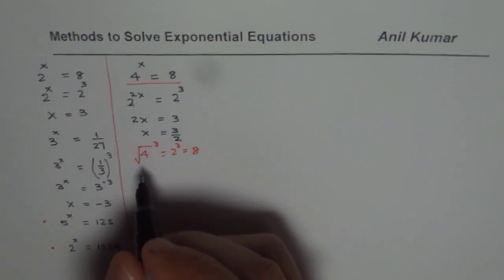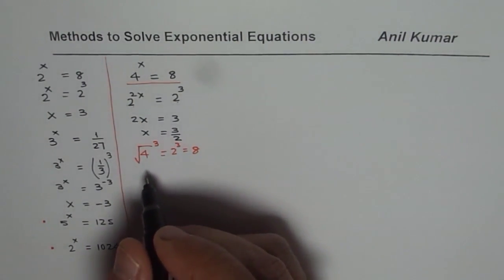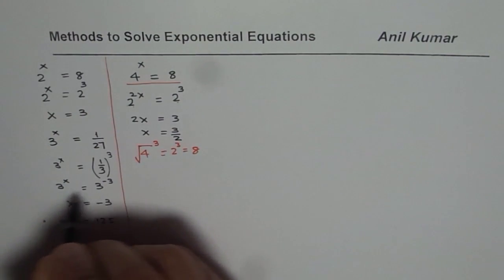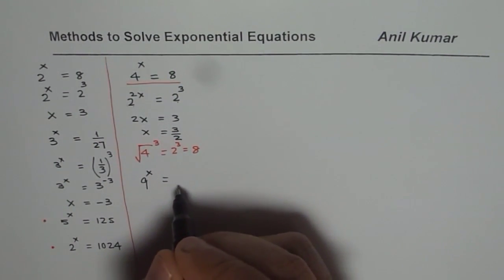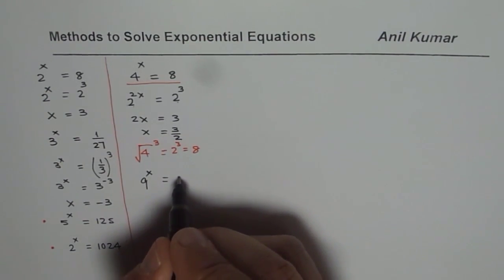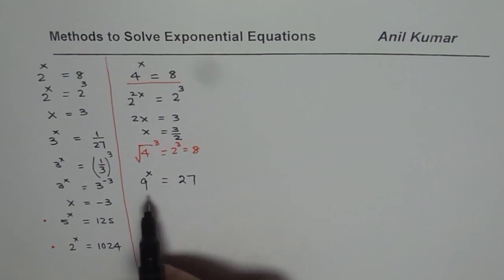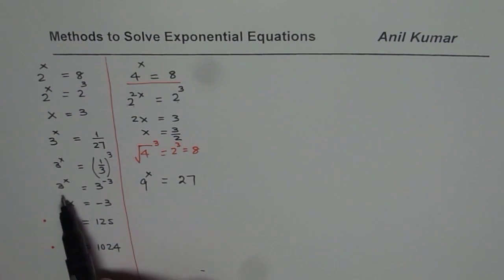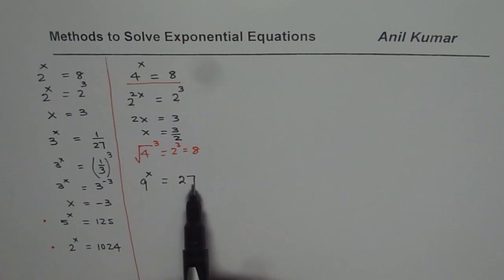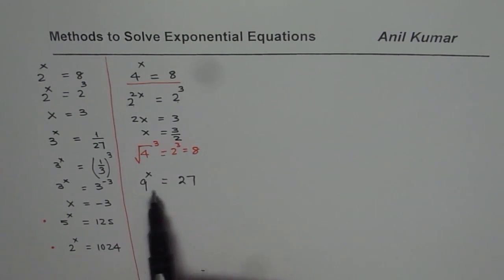As practice, let me take one more example. Going with the same trend, we'll say 9 to the power of x is equal to, this time, 27. You can solve this equation. You can write 9 as 3 to some power, and 27 as 3 to some power, and equate.